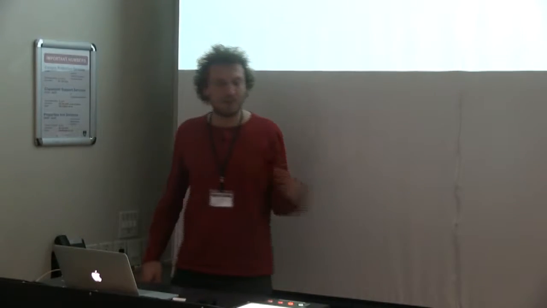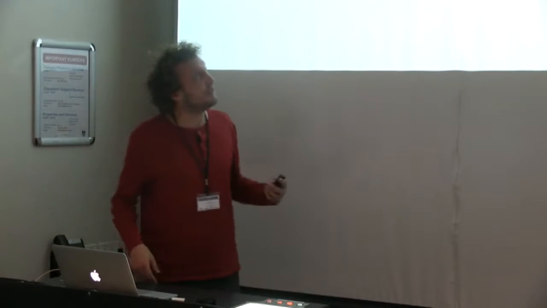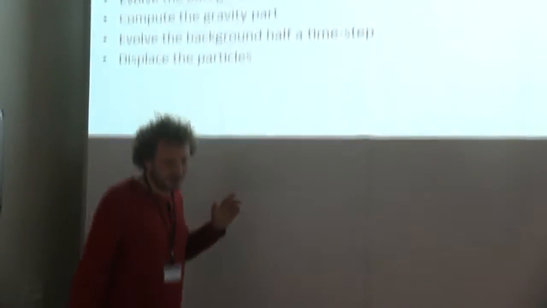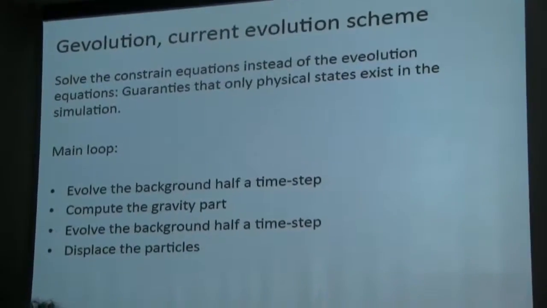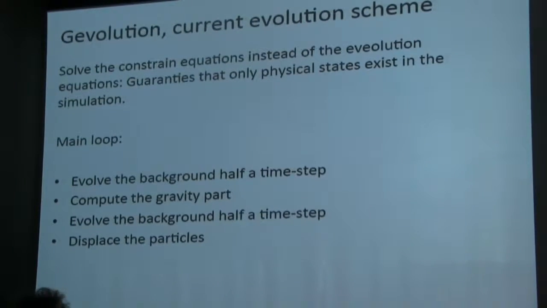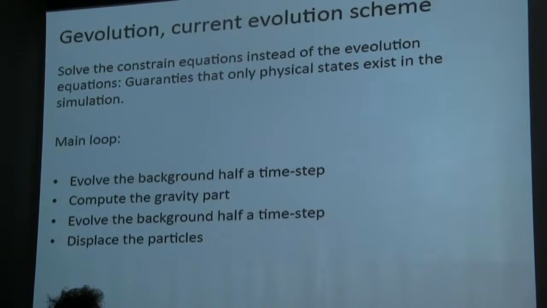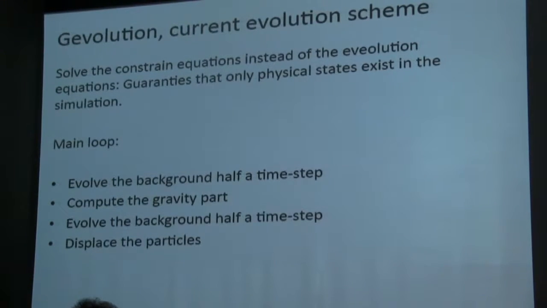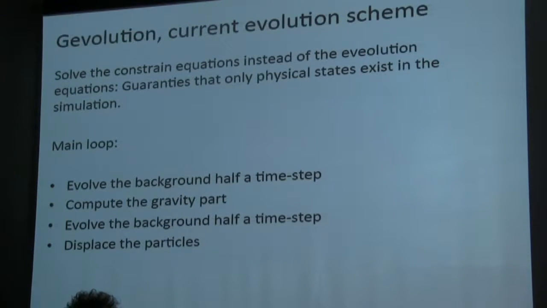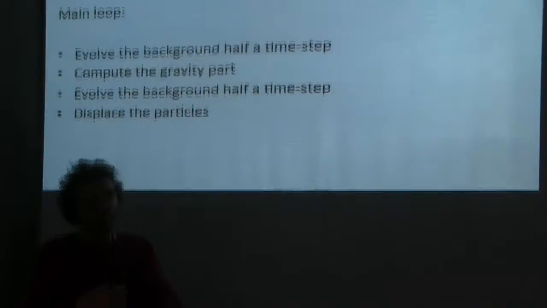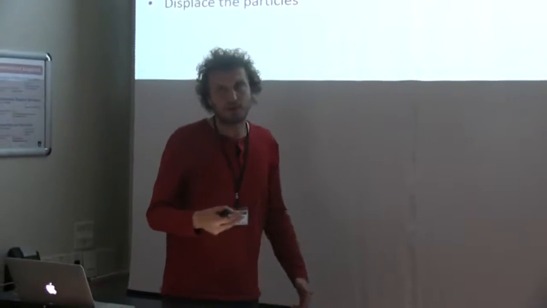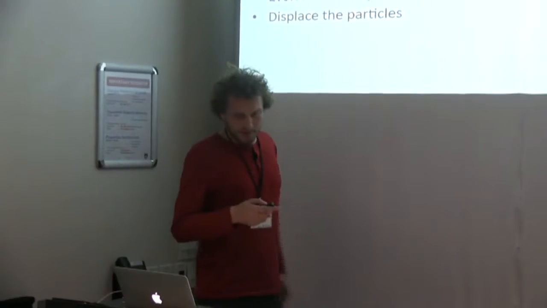So how do we evolve these things? It's very simple, but there is something important to think about. Let's speak about the main loop first. In the main loop, we first evolve the background, then we compute the metric perturbation, then we evolve the background again by a half time step, and then we displace and evolve the particles.